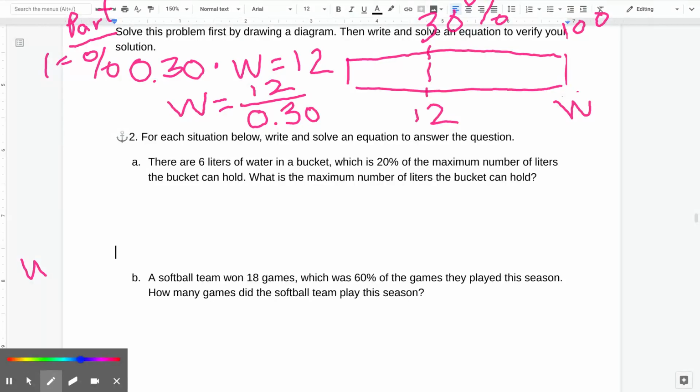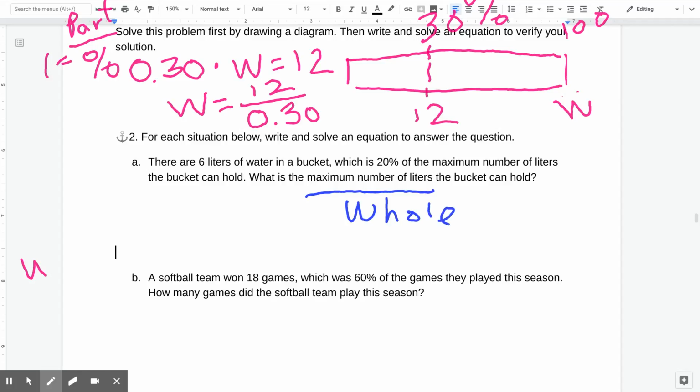For these problems in number 2, I can just figure out the percents, and I think this is actually number 3, which ones are the part, which one is the percent, and what is the total. So in A, I'm looking for the whole, and I have my part as 6 liters, and I know my percent is 20%.